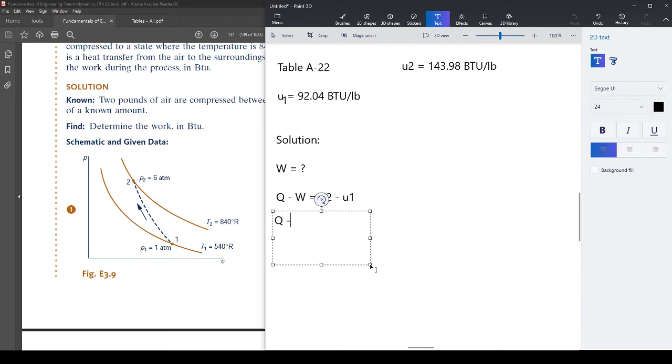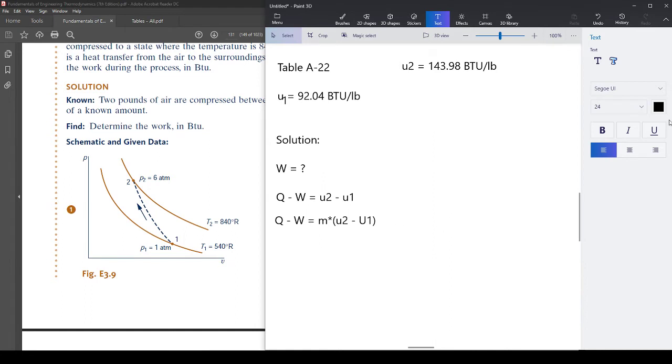So I have to do Q minus W is equal to M times U2 minus U1, right? So that's what I have to do. Although I think it's U1 minus U2. But once again, if you know what direction the work has to be, you can fix that at the end.